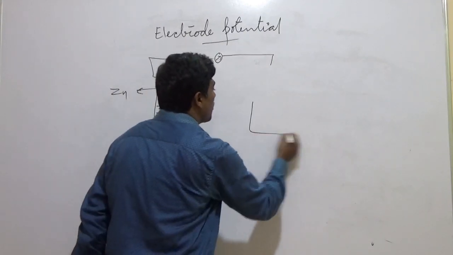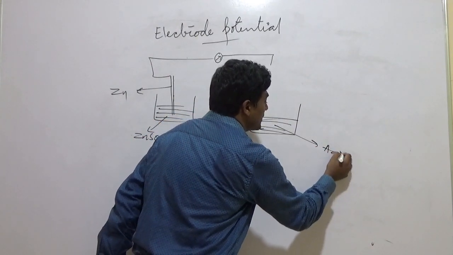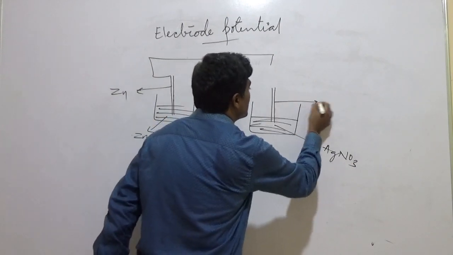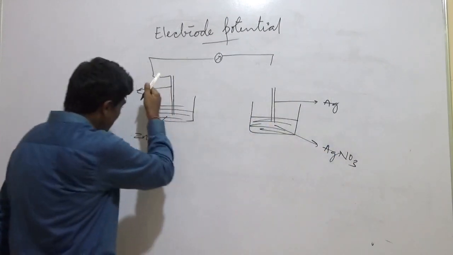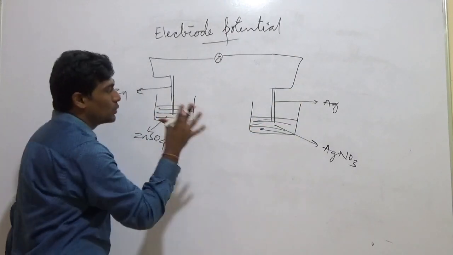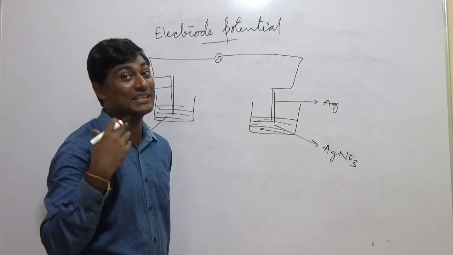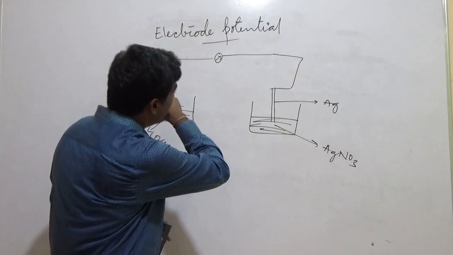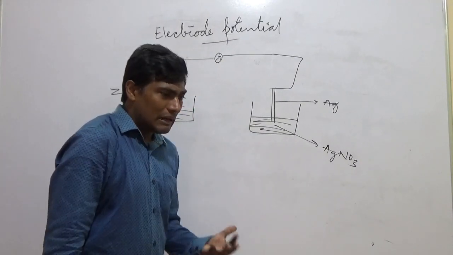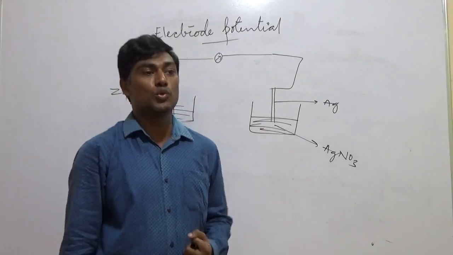Say a silver nitrate electrolyte in which a silver electrode is dipped. The same zinc electrode, when joined to the silver electrode, gives a different extent of electrons flowing through the wire. Right? Why?